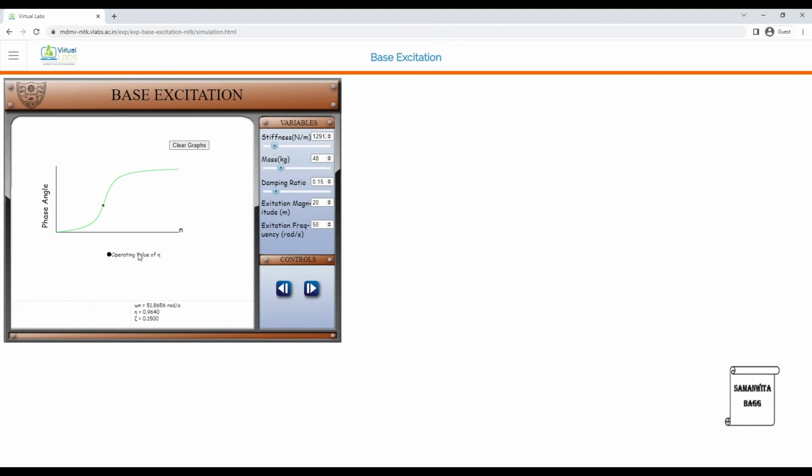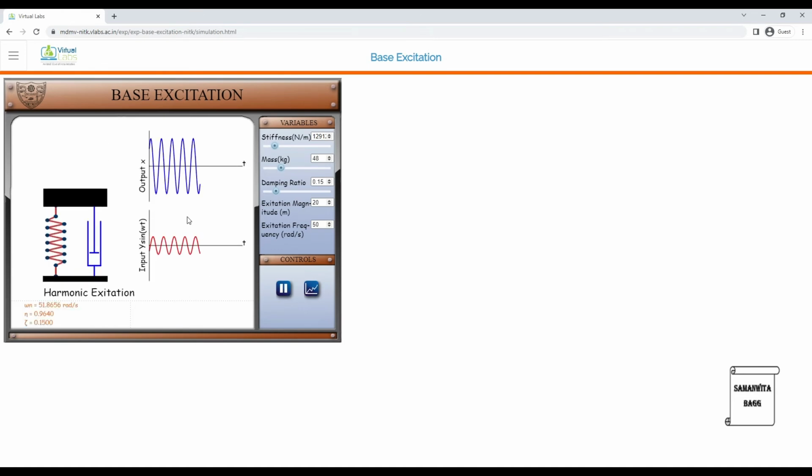Here you're getting the graph of phase angle and this is the graph of transmissibility versus frequency ratio. So we'll just click on these arrows and we are coming back to the experiment.